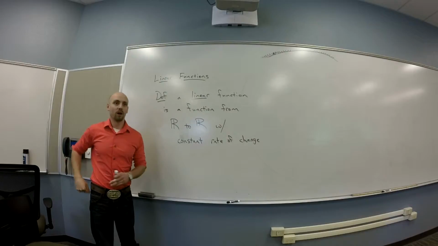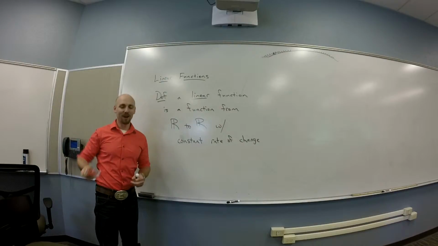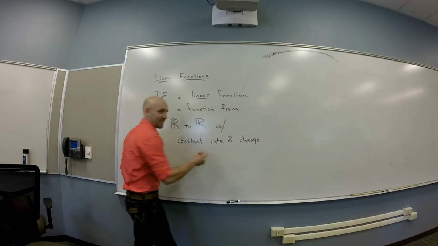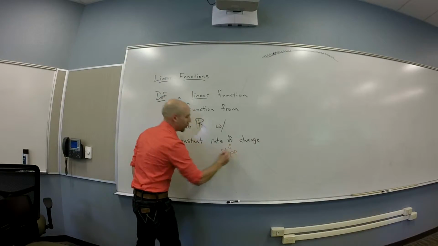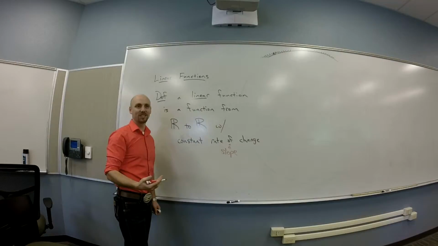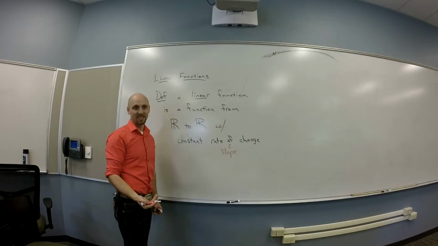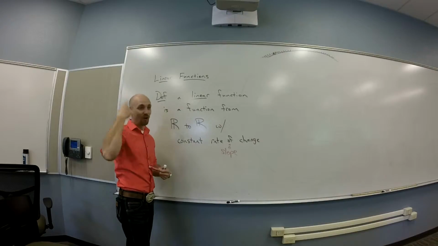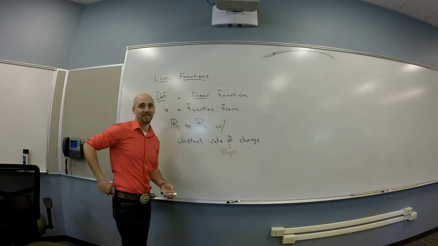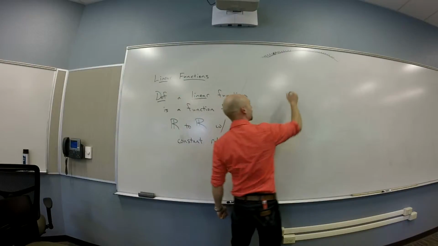Cool? When I'm saying rate of change, what are you thinking? Slope. You're thinking slope. Okay, so if a function has a constant slope, what is it? A line. Yeah, it's a linear function, which is also a line. So that's the other statement.